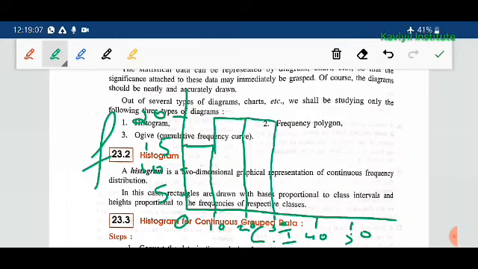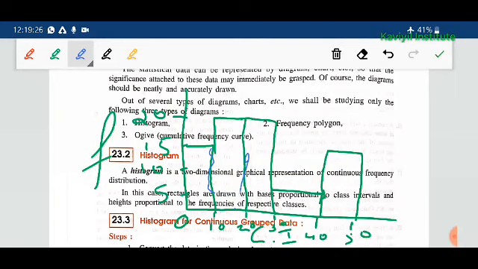Here, did you observe something? There is no gap between the bars or rectangles, right? That is a speciality. For example, let this be a class and let this be another class. We observe there is no gap.